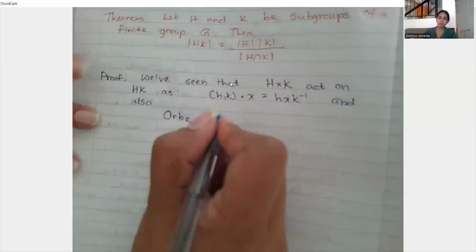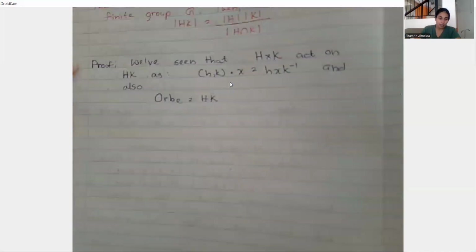In other words, there is only one orbit. Right? There is only one orbit.